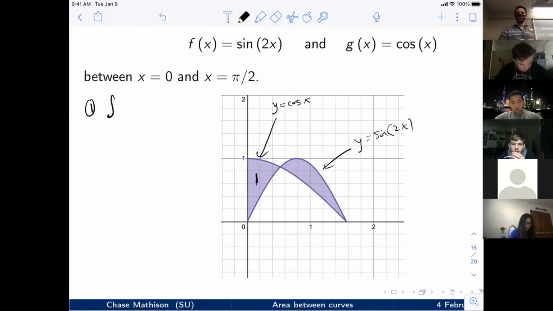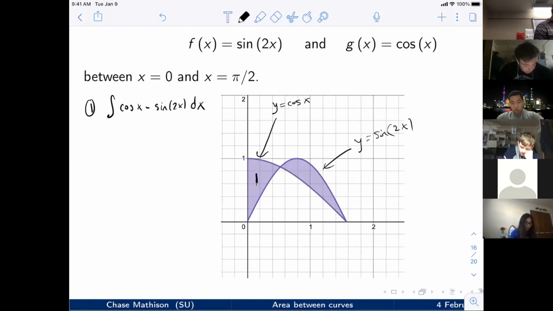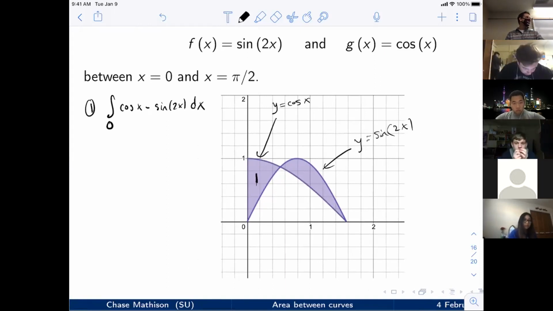What's the top curve for that region 1? Cosine, yeah. So I'm going to take the integral of cosine of x minus sine of 2x dx in that first region, which clearly starts at x equals 0 and ends somewhere. So we need to find this point of intersection here, right?